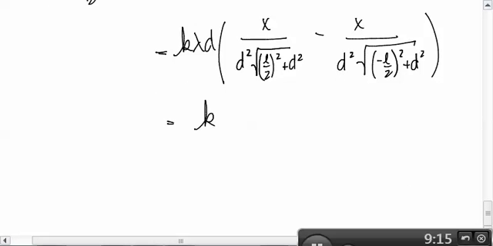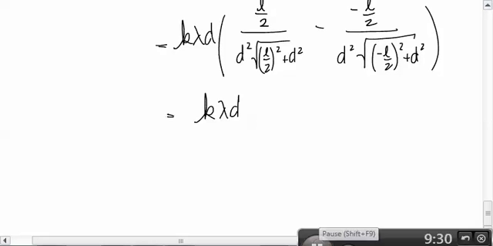So I'll have k lambda d. Okay, then I think this does simplify correctly to something that works for us. Yes? No? Maybe? So we have what?